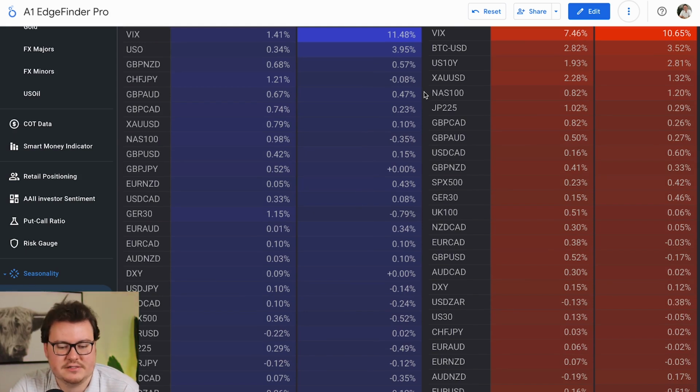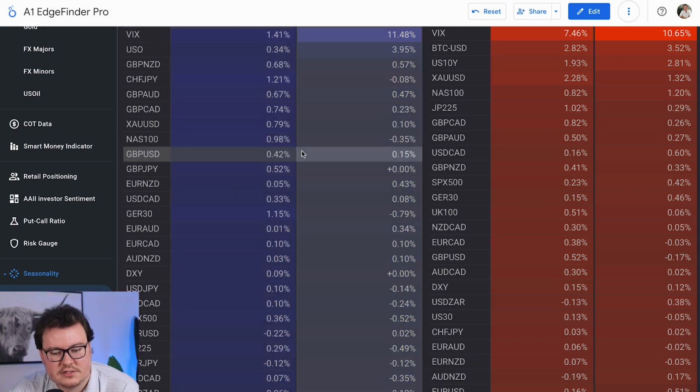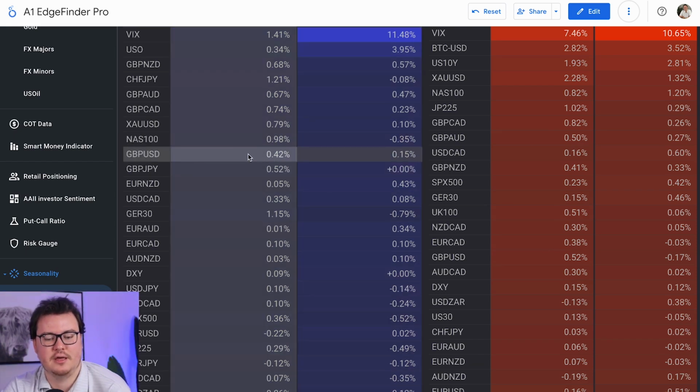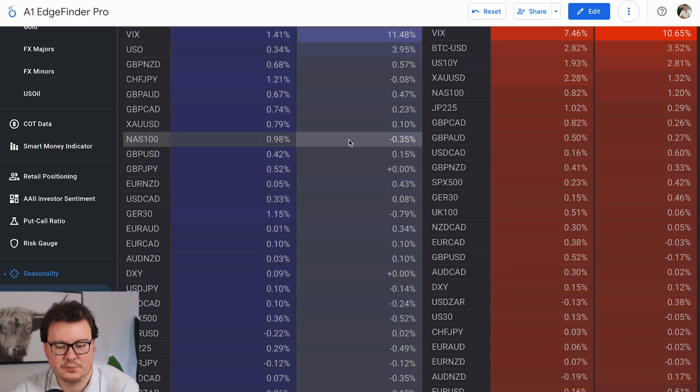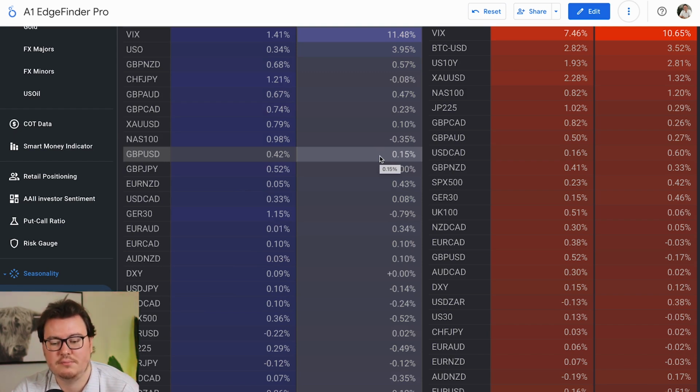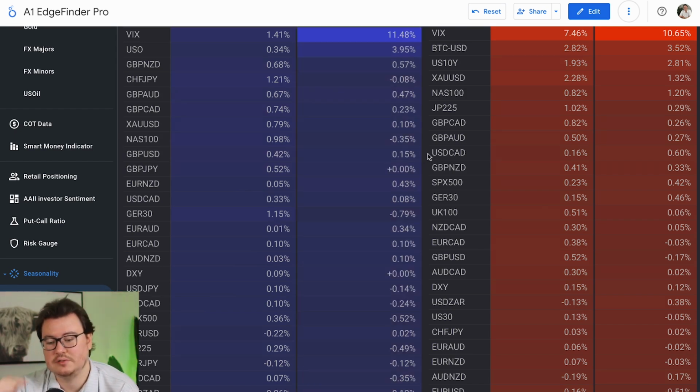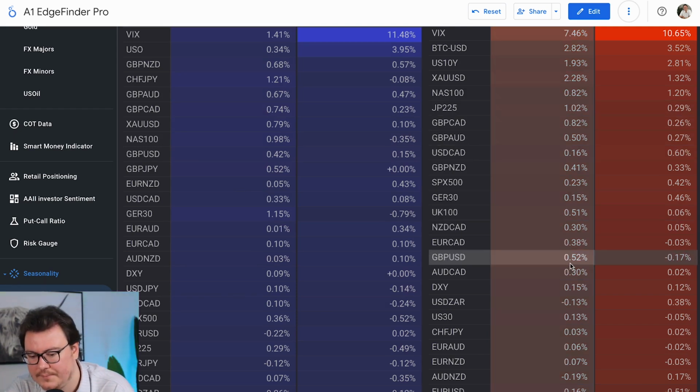But like earlier, I see the pound dollar here is something that I was using as an example in the beginning of the video. We can see that this week, historically, the pound dollar trades up about 0.42%. Next week, just kind of a break-even week, about 0.15%. So not a ton of movement there. And then we can find the pound dollar right here.